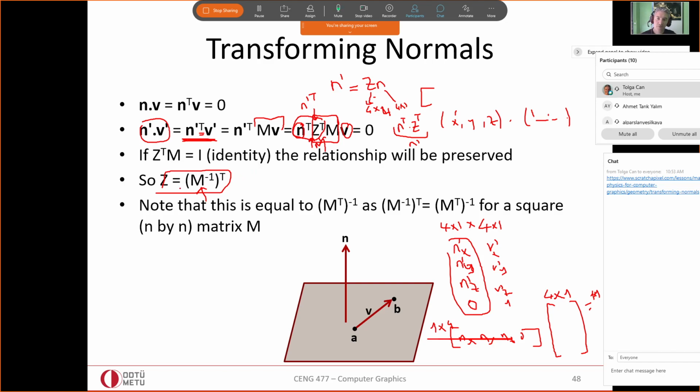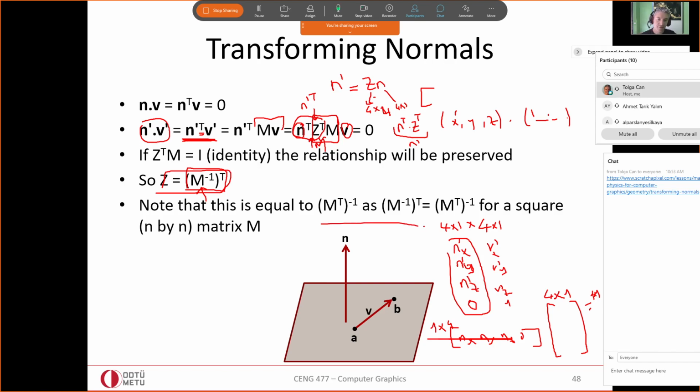So the only way this equation is going to work out correctly is to have this VTM be the identity matrix. And from that, Z turns out to be M minus M. We take the inverse of our original modeling matrix and we take the transpose of it, we get ourselves Z. The good thing about this modeling transformation matrix is that its inverse transpose is equal to transpose inverse, because for a square M by M matrix M, they are equal to each other.